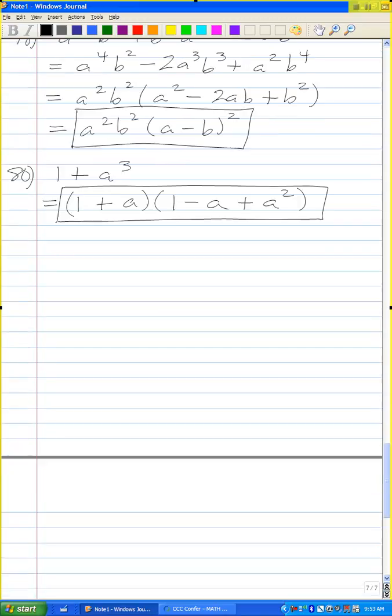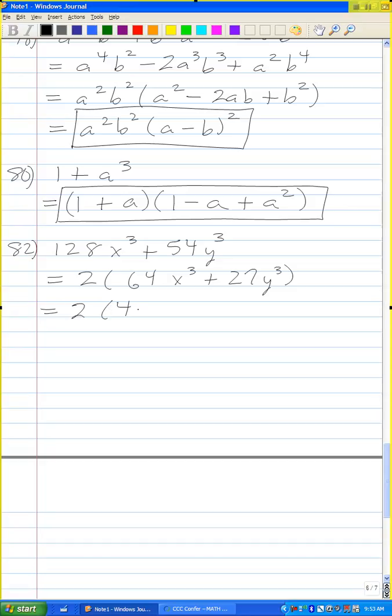Let me do problem number 82. 128x cubed plus 54y cubed. I can factor a 2. What remains is 64x cubed plus 27y cubed. Cube root of 64x cubed, 4x. Bring down the plus.